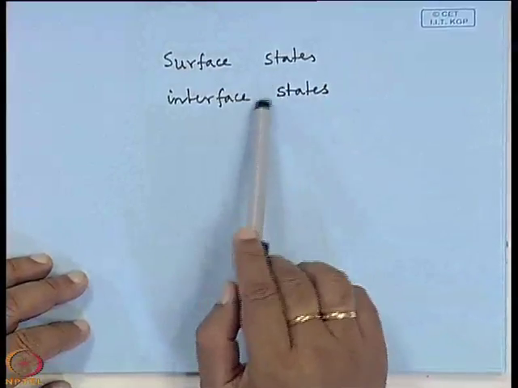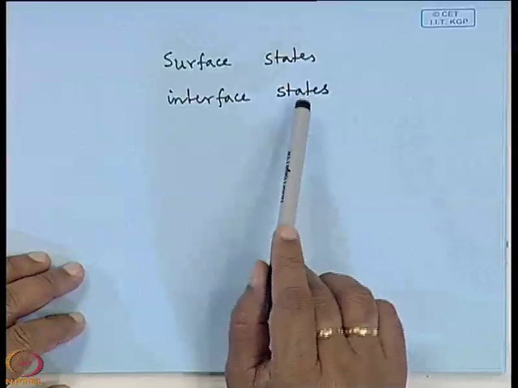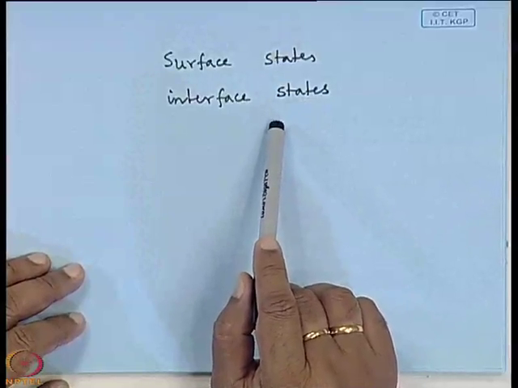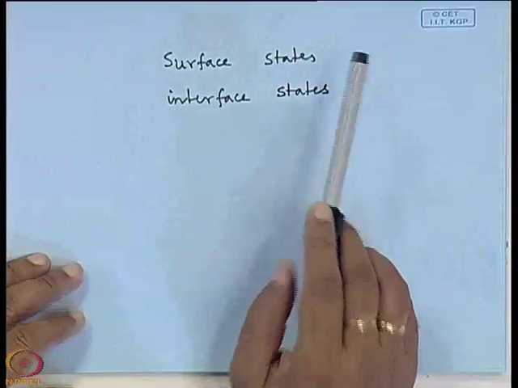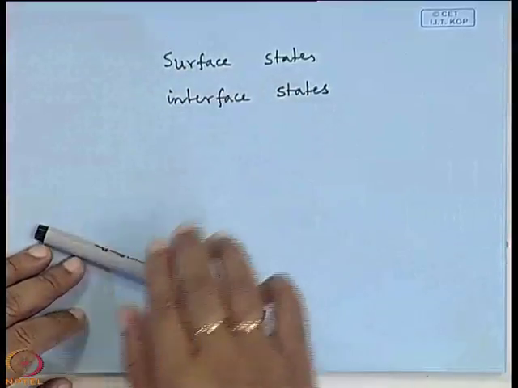As the name implies, states in our subject are the energy levels. States means the energy levels. So, surface or interface states means the energy levels which are due to the surface dangling bonds, and those states are found in the band gap of gallium arsenide.